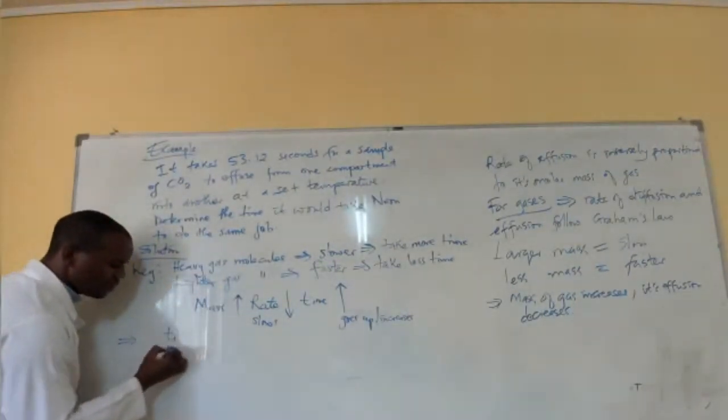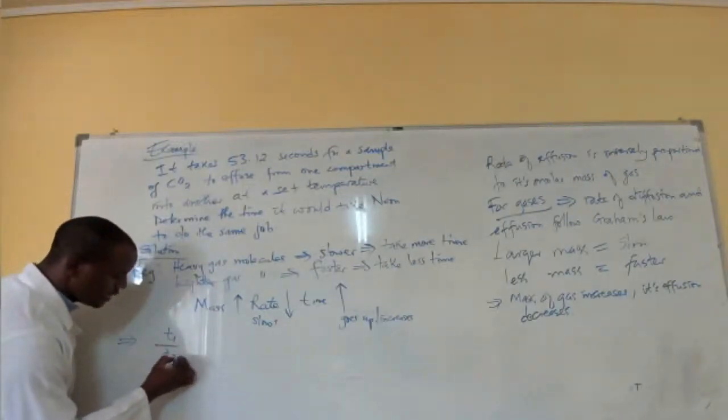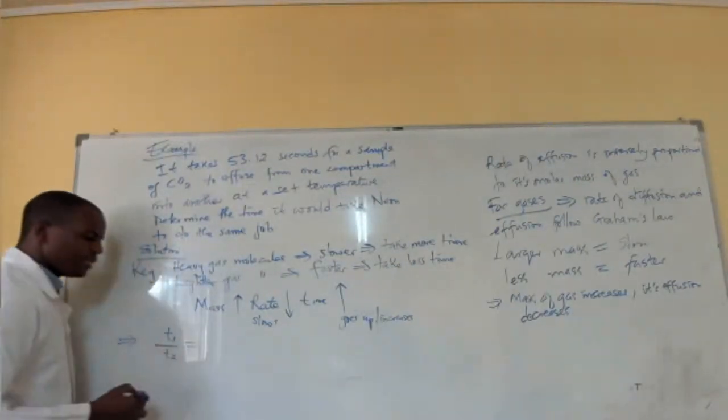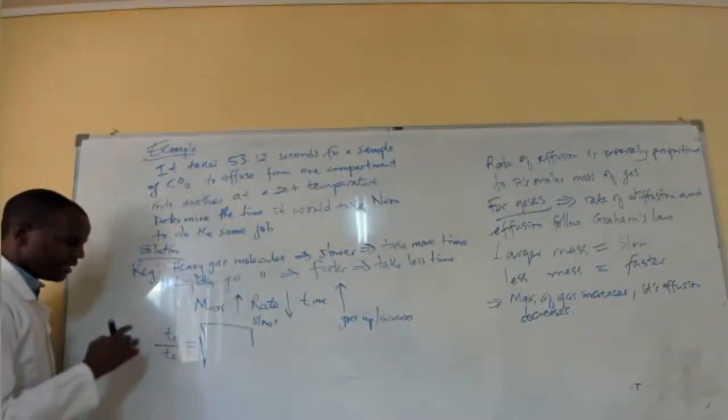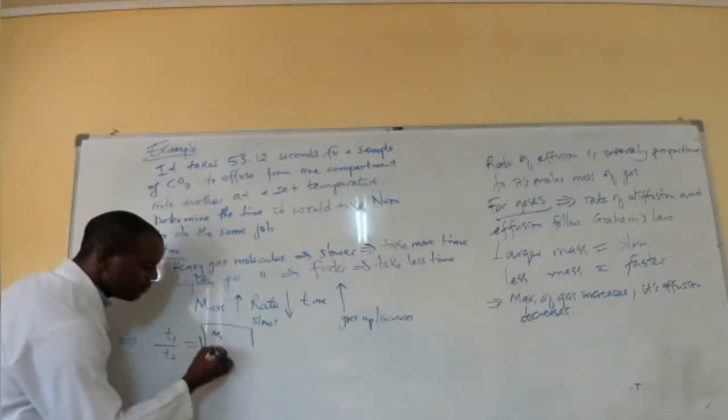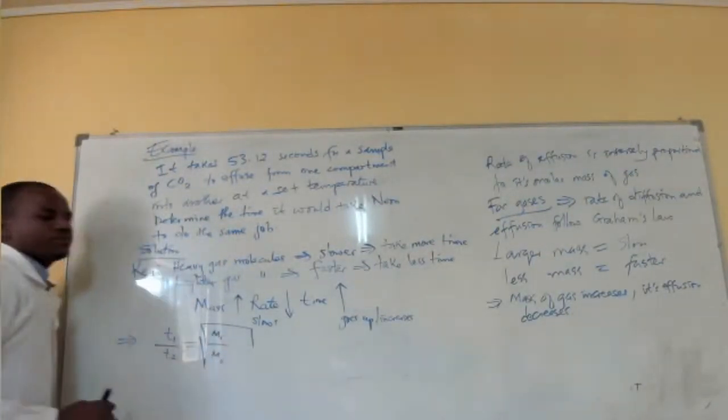Therefore, if we have T1 for gas 1 over T2 for gas 2, this will be related to their mass in the same way as they are written, and therefore that will be M1 over M2.